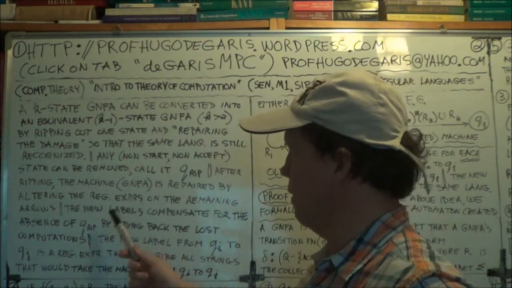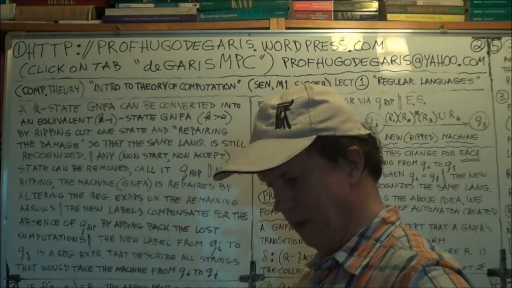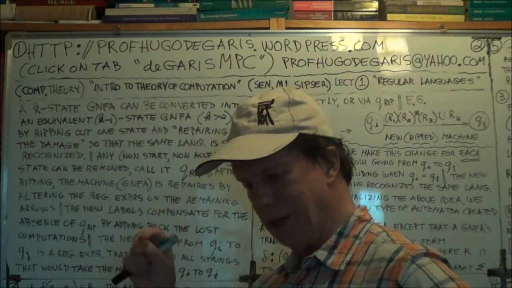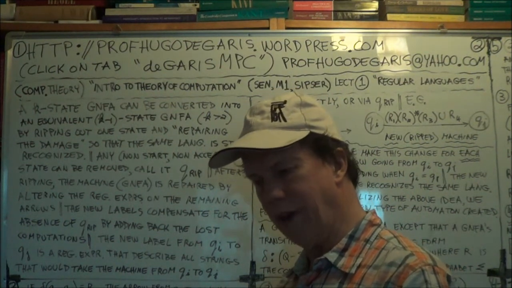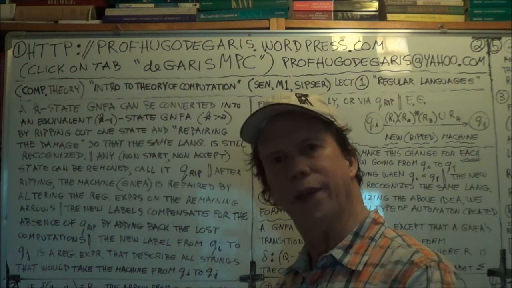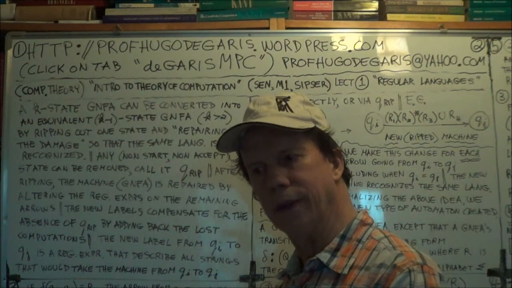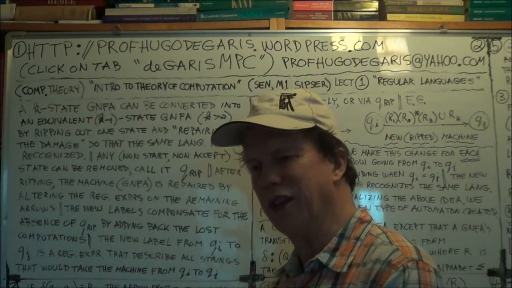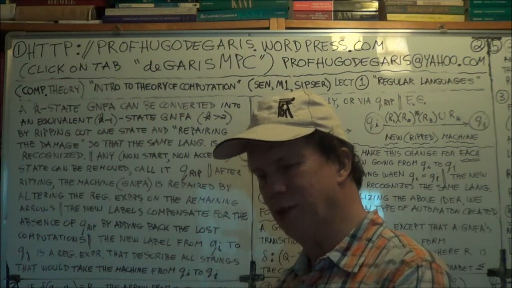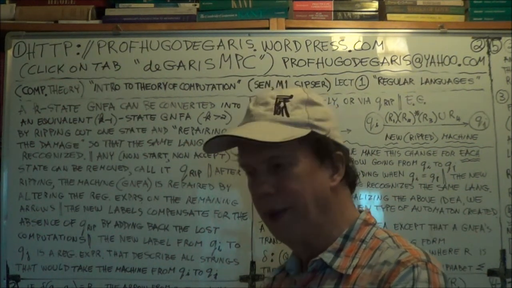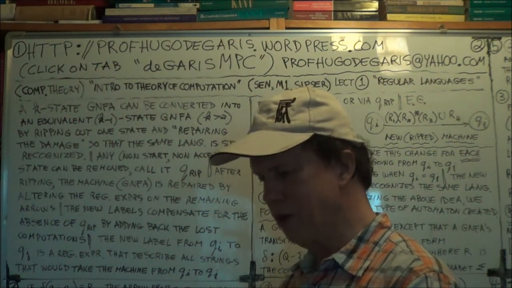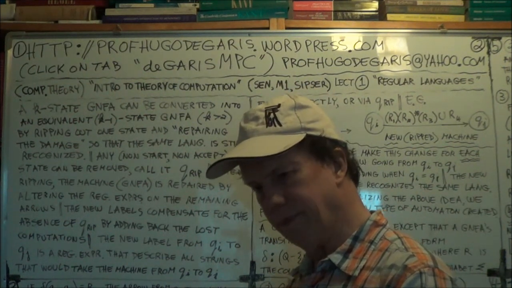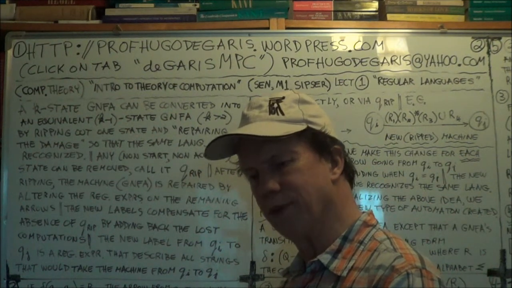Now I was saying when you pull out that state, you also rip away the arrows to and from that state. Right? Otherwise, they're going nowhere. So the arrows going to the state Q rip, you remove those arrows, and the arrows going from Q rip, you remove those as well.